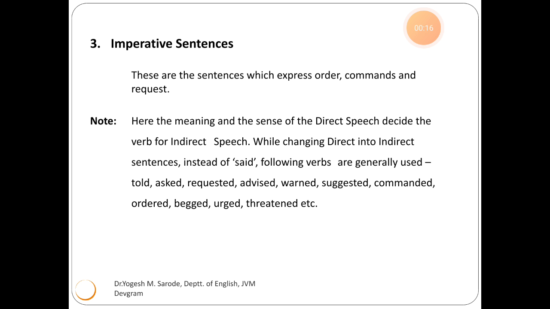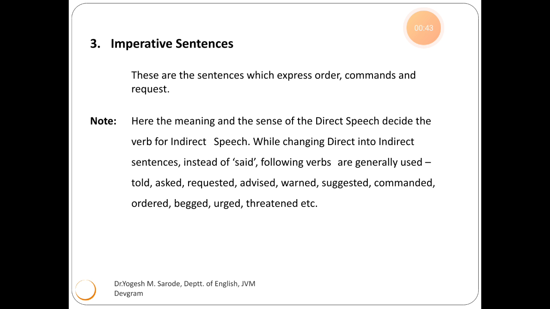Today we will learn change of direct into indirect sentences of imperative type, Ajnadharak Vakya. We had seen that there are four types of sentences. Number one, statements, that means declarative sentence. Number two, questions, interrogative sentences.